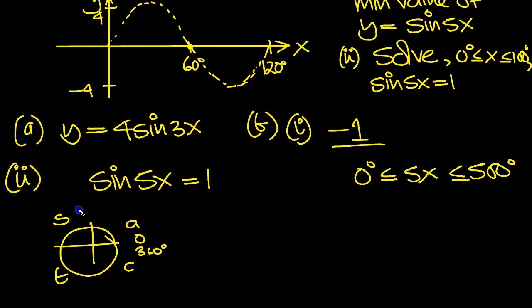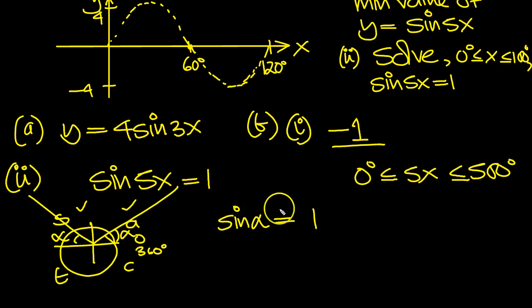Sign is positive here and here, so draw 2 lines. Write down alpha, the associated acute angle, and write sine alpha is equal to 1. Drop the negative if there is one to drop. So that tells what alpha is then. Alpha has to be 90 degrees, doesn't it? The acute angle there.